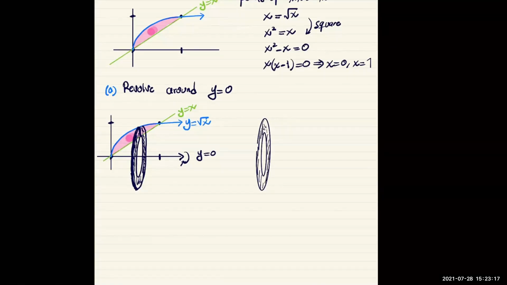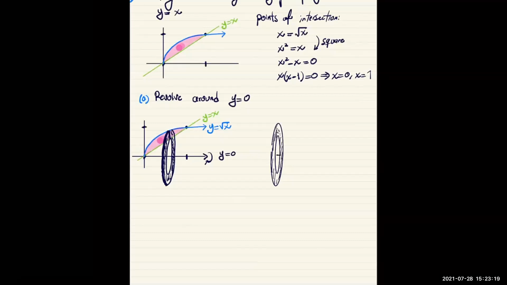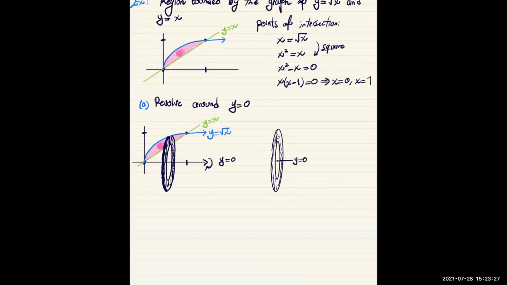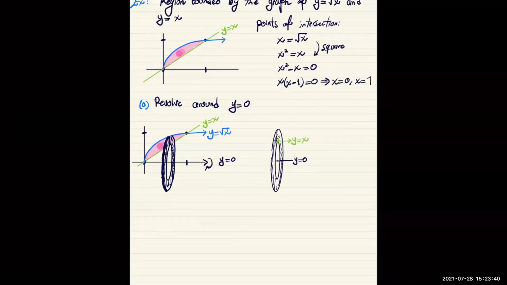So make sure that you label things. Here is the center of the washer. Center of this washer is y equal to 0. Okay, this point on the washer falls on the green line. That point is y equal to x.